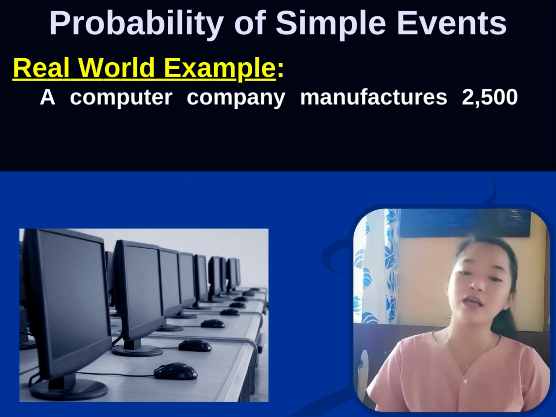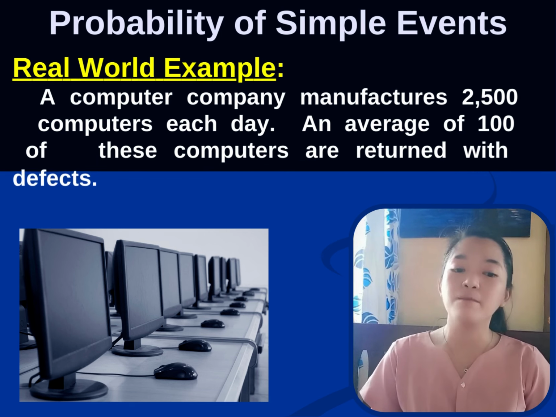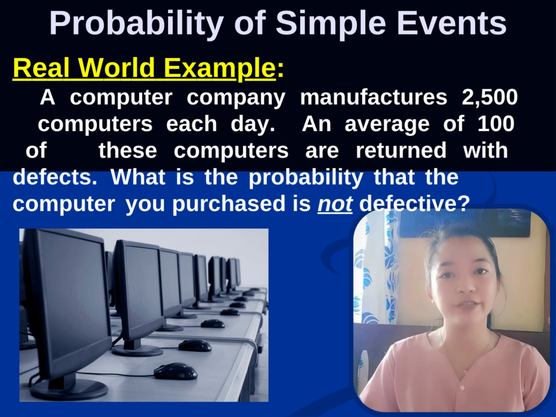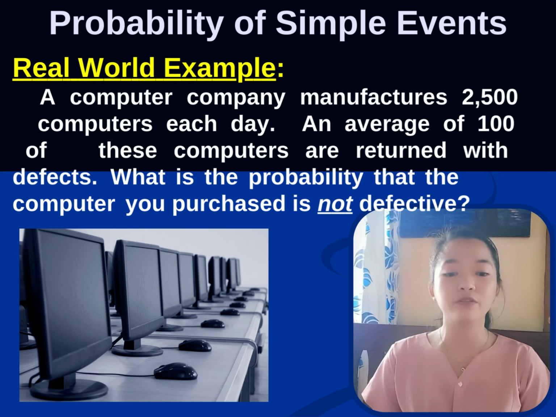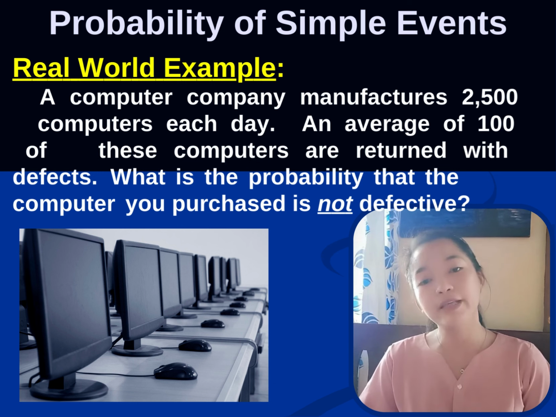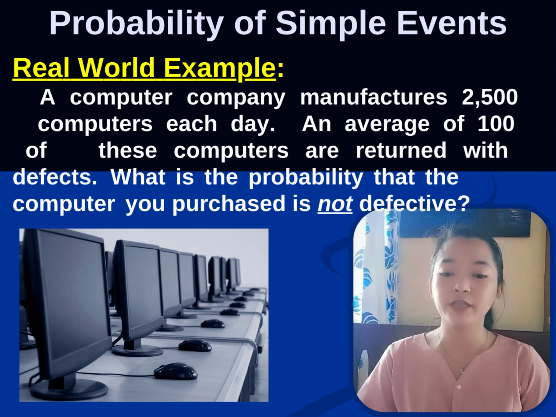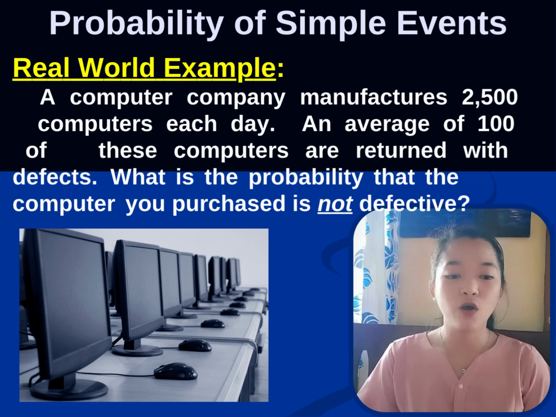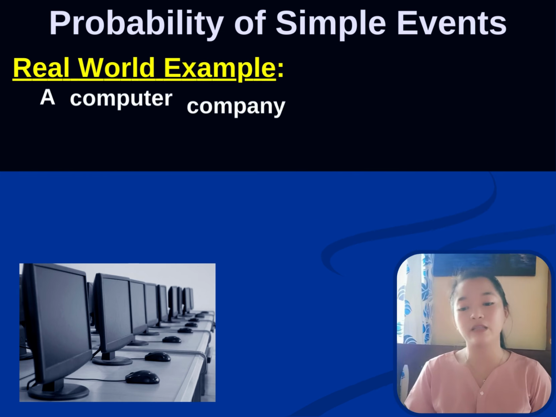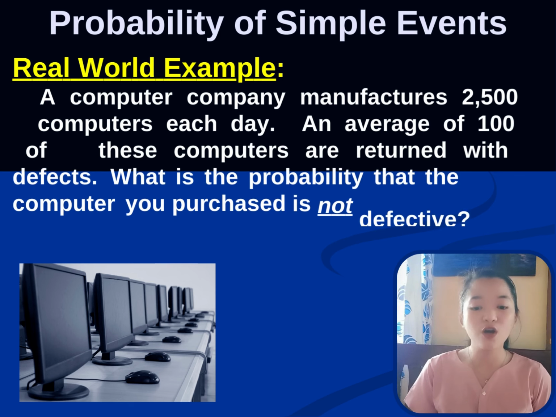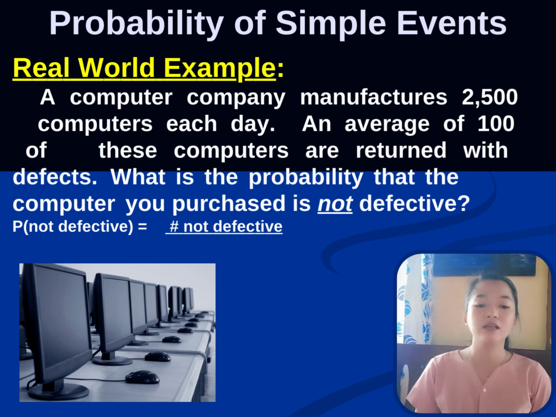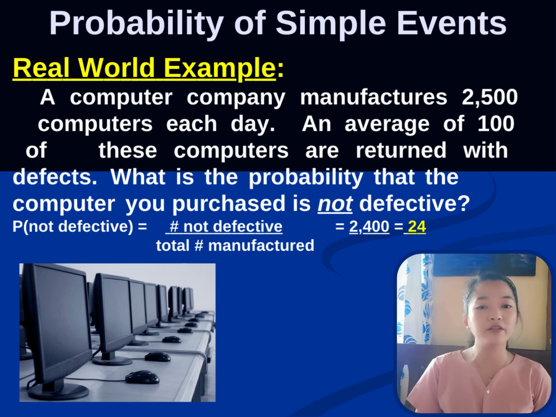Another real-world example, a computer company manufactures 2,500 computers each day. An average of 100 of these computers are returned with defects. What is the probability that the computer you purchase is not defective? So, all in all, we have 2,500 computers, and here is our solution. P of not defective is equal to the number of not defective over the total number manufactured, is equal to 2,400 because we subtract 100 from 2,500.